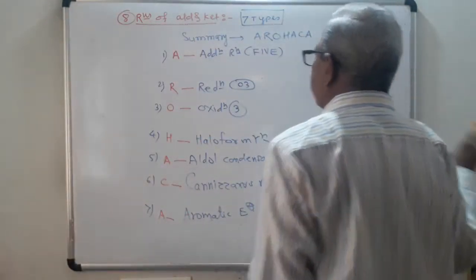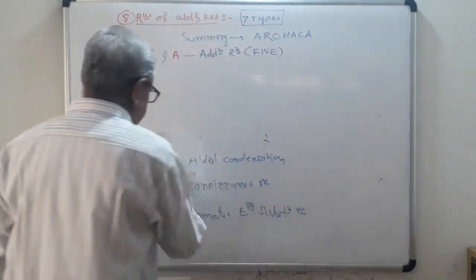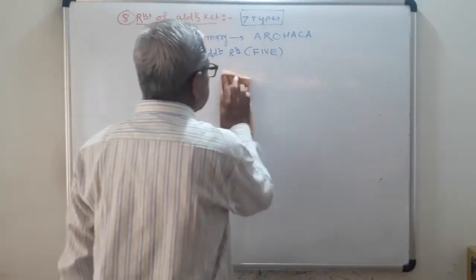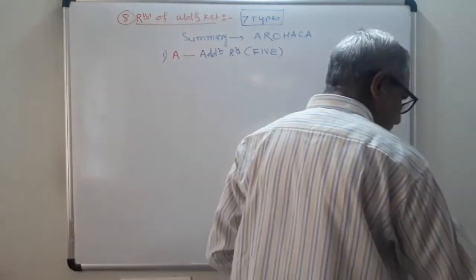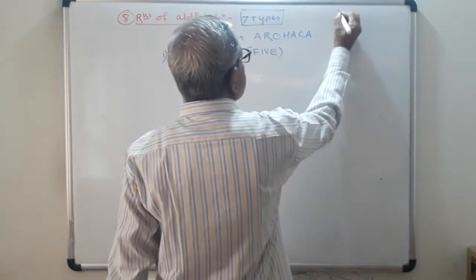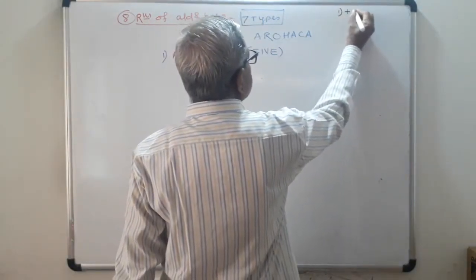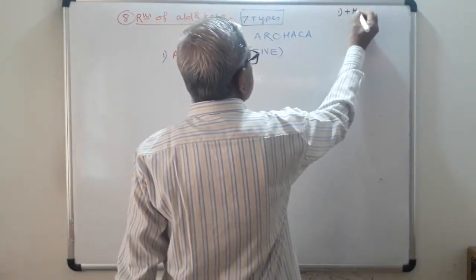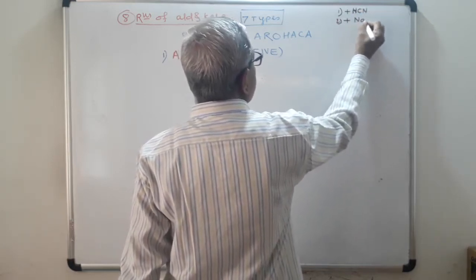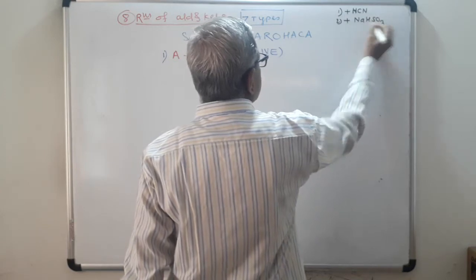Now start the point here, addition reactions. So give the title, addition reaction. In this case, you have to learn 5 reactions. First is the addition of HCN, hydrogen cyanide. Second is the addition of sodium bisulfite, NaHSO3.